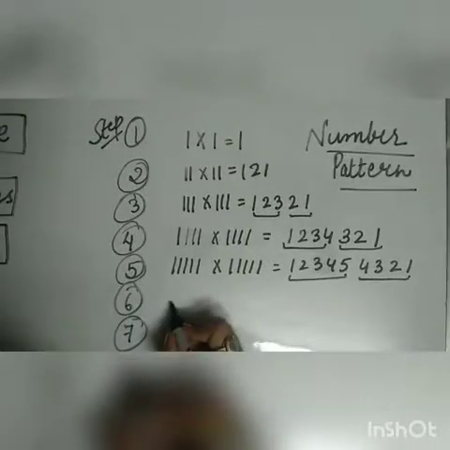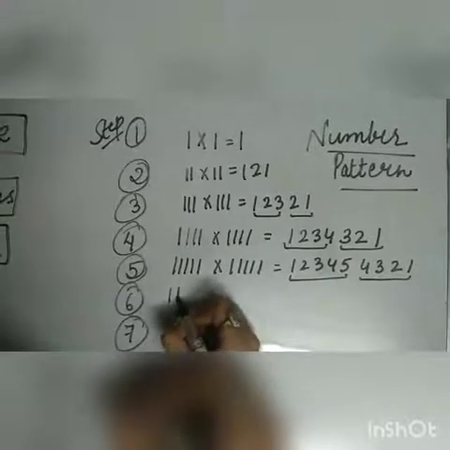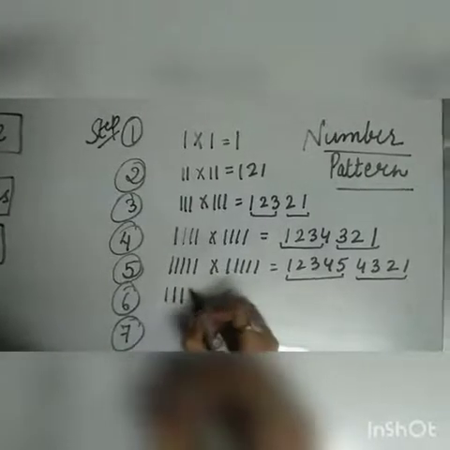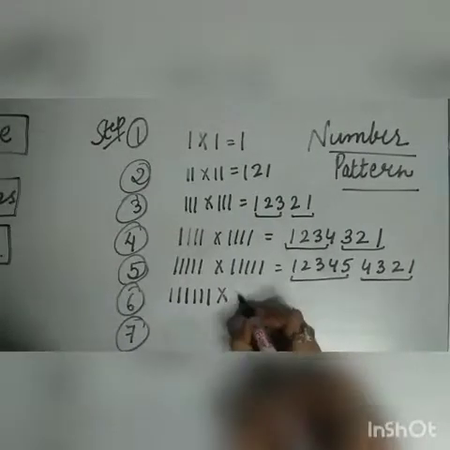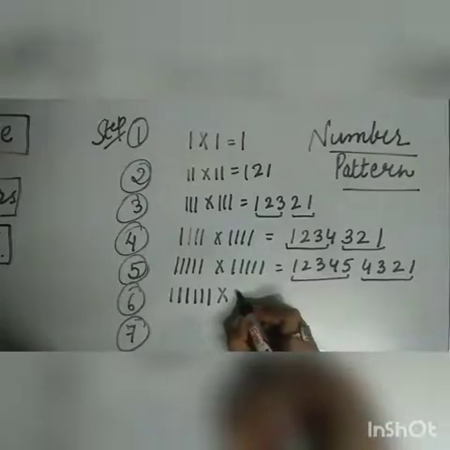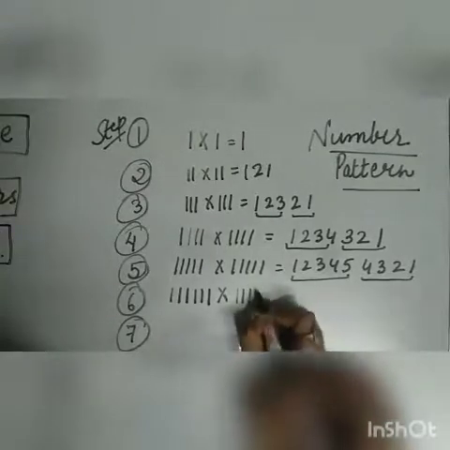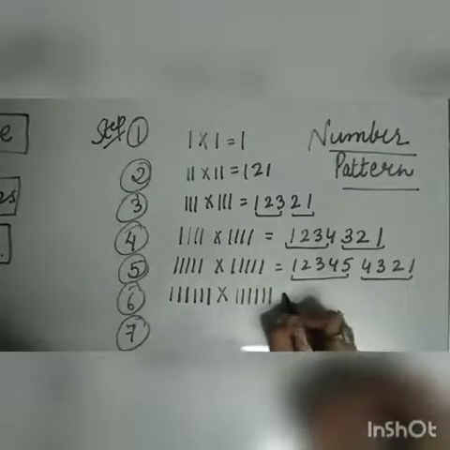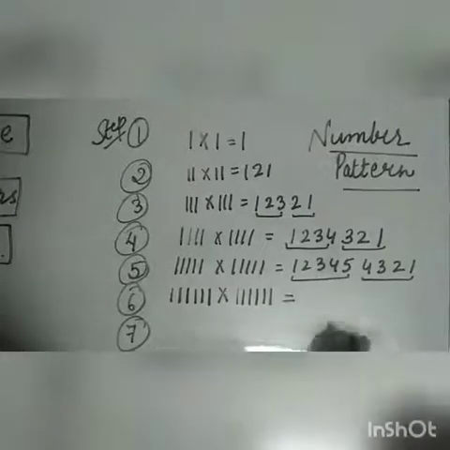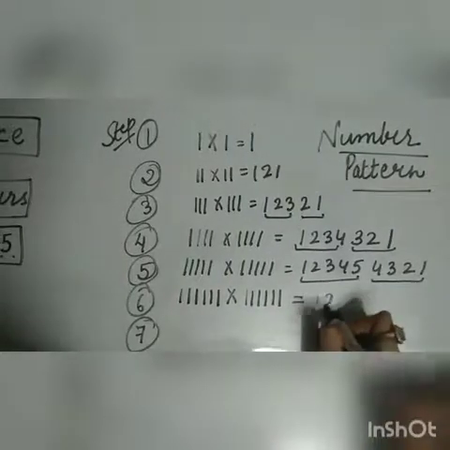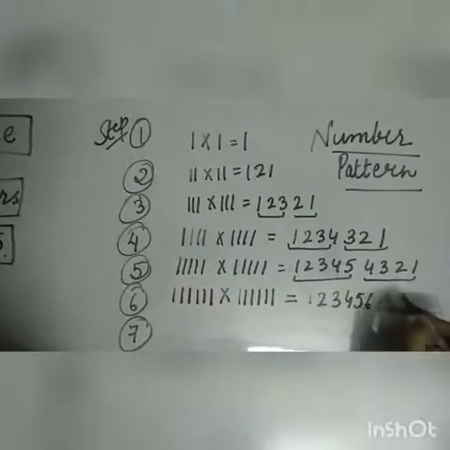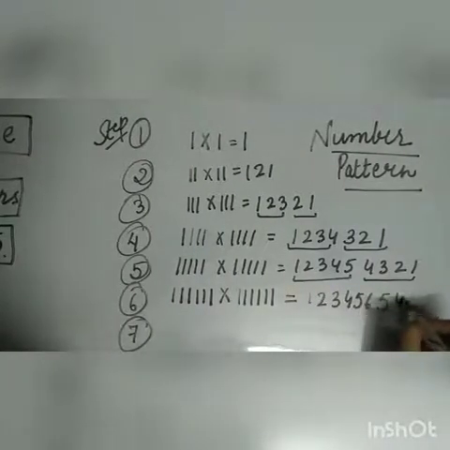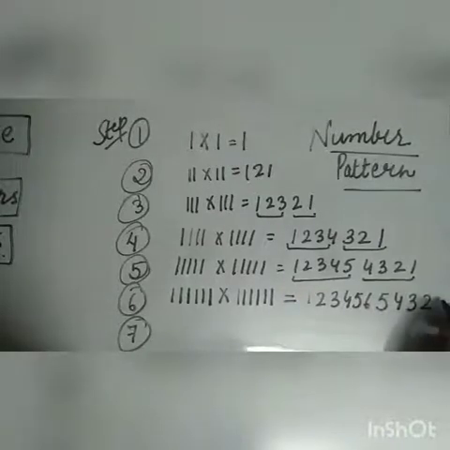So, at step number 6, we will write 1 6 times, 111111, and multiply it by 1 written 6 times, 111111. And the result that we will get is 1, 2, 3, 4, 5, 6 and then reverse counting 5, 4, 3, 2, 1.